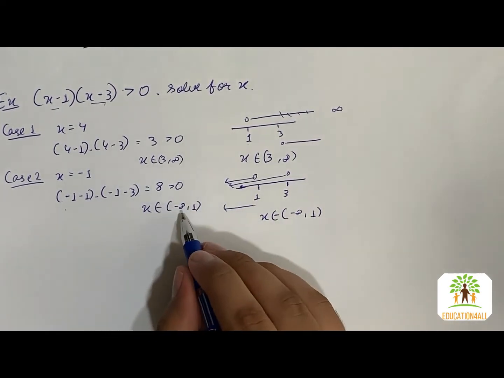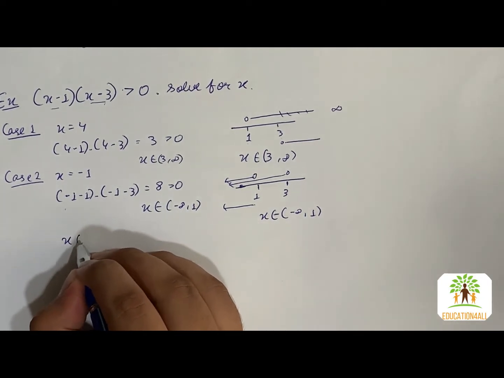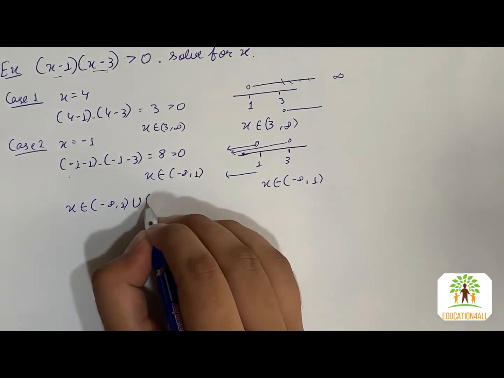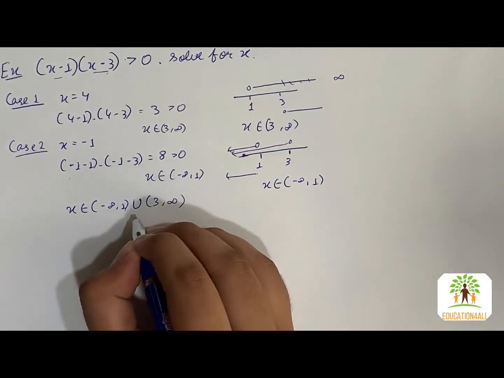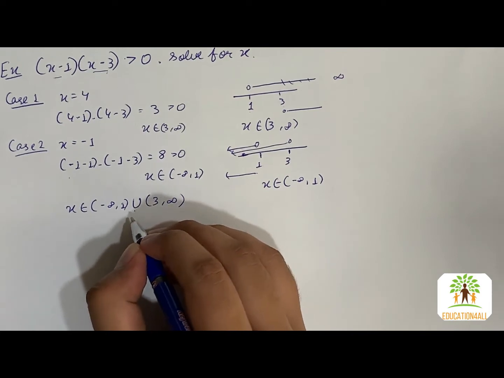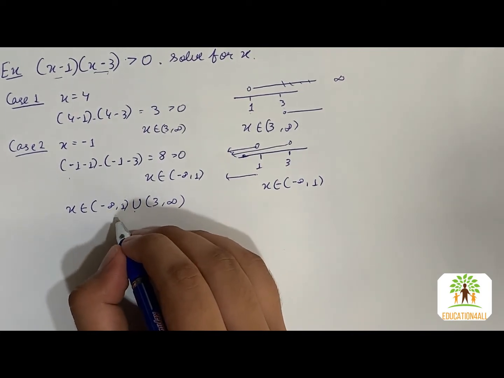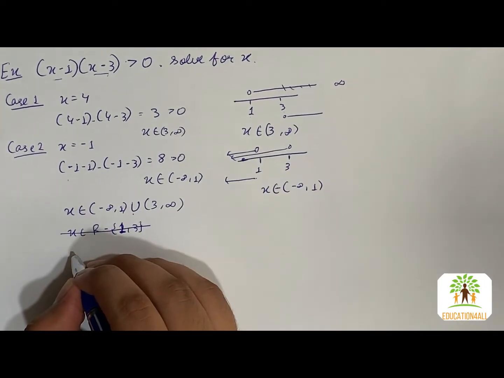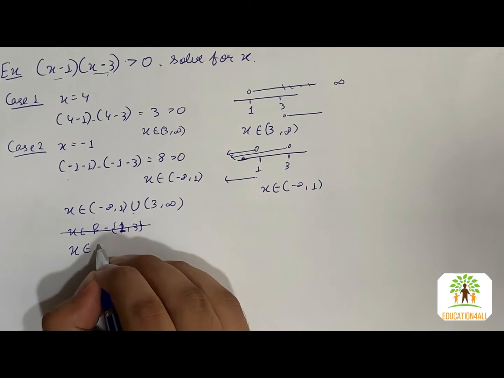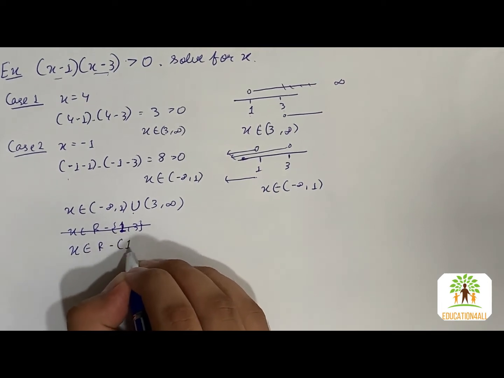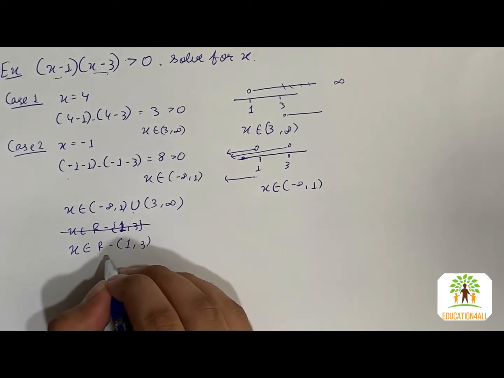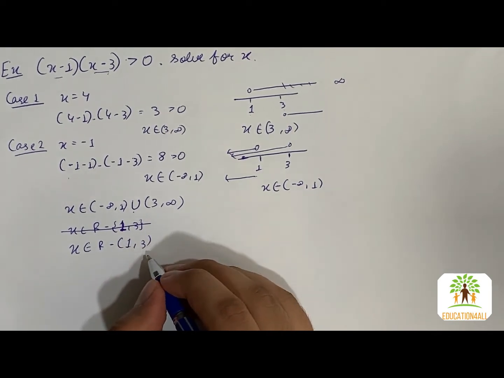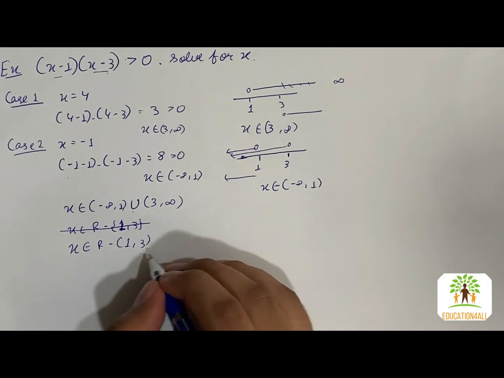So we can show that the final answer is x belongs to (minus infinity, 1) union (3, infinity). This union symbol means that the final answer will contain both these intervals. We can also write this as x belongs to all real numbers except those between 1 and 3. This means that the answer will not contain any real value between 1 and 3, for example, 1.5 to 2.5 etc.